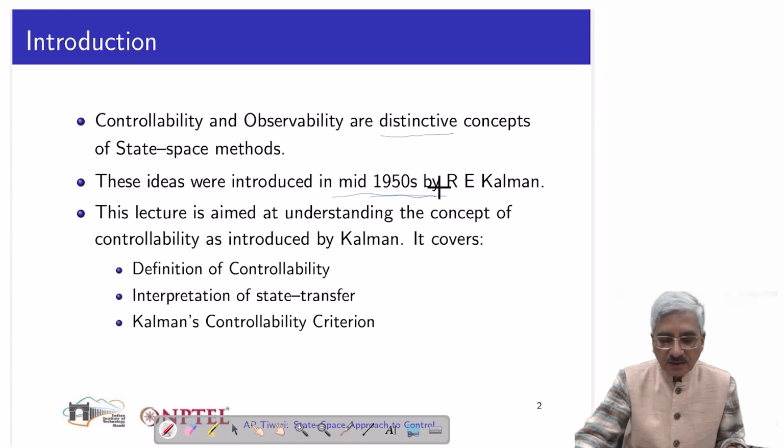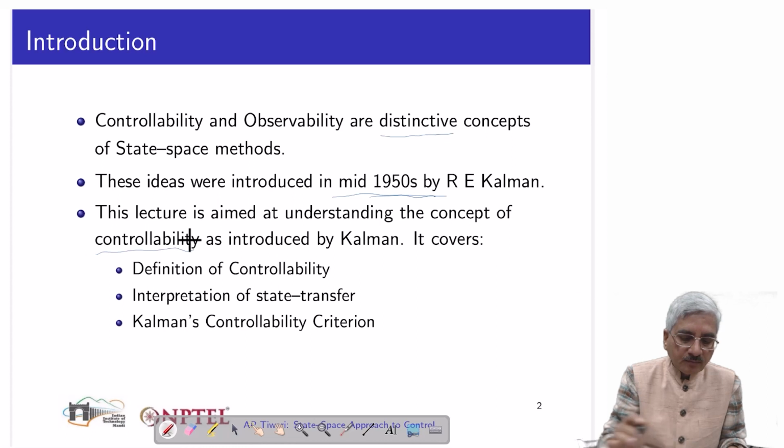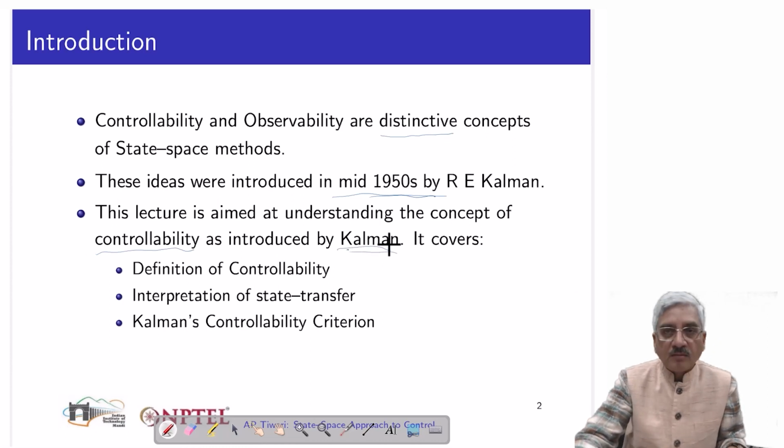There has been a lot of research in this, pioneered by Rudolf E. Kalman and some other researchers like Gilbert. Today's lecture is aimed at understanding the concept of controllability as introduced by Kalman.